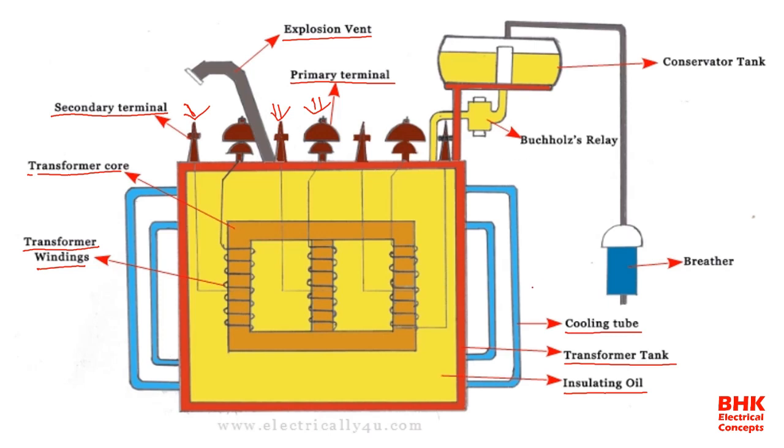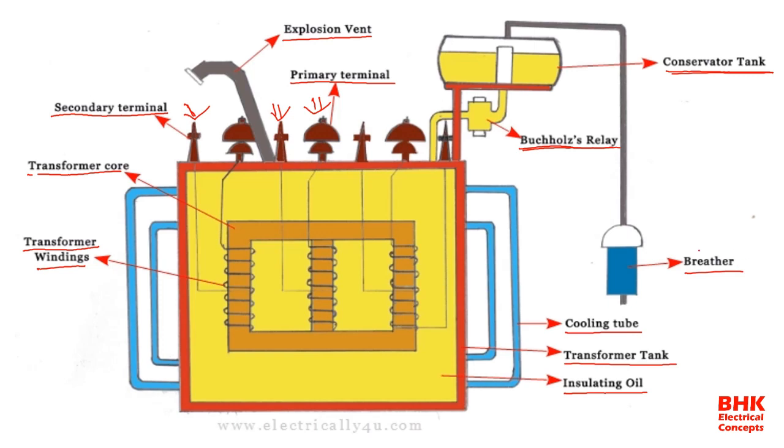And coming to the right side we have cooling tubes, and on the left side also we have two cooling tubes. And coming to another most important part, that is the Buchholz relay. So this is the Buchholz relay, and after that we have one conservator tank. And the last thing is the breather.